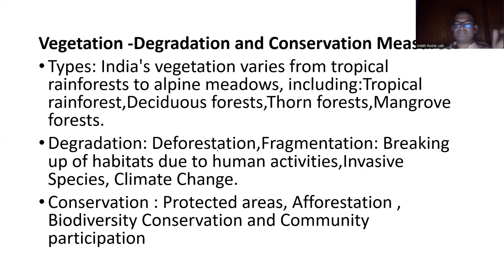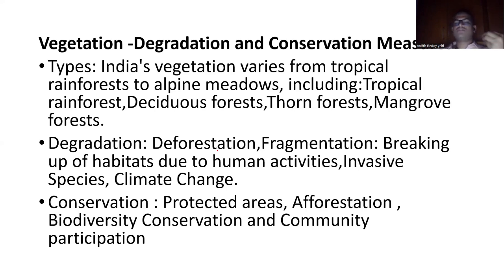This fragmentation also affects degradation, and because of this there is huge habitat loss for flora and fauna, especially the fauna, leading to wildlife degradation or extinction of many animals. Degradation is also because of invasive species and climate change. So these things need to be focused upon.